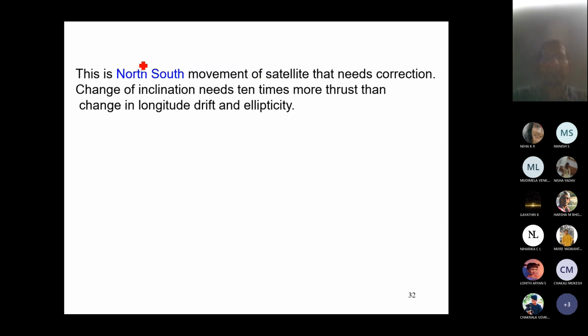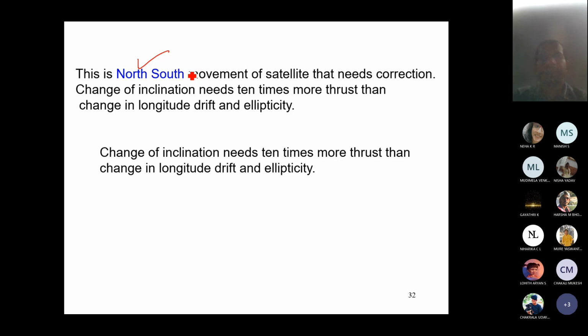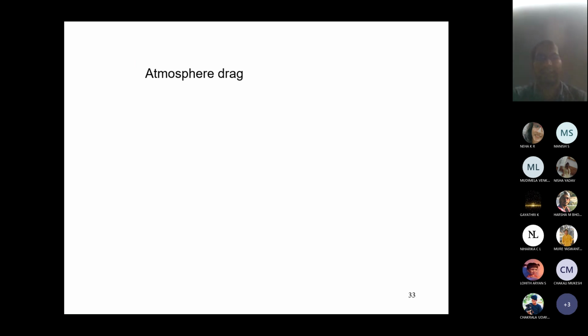This is called the north-south movement of the satellite. Change of inclination needs 10 times more thrust than change in longitude drift of ellipticity.